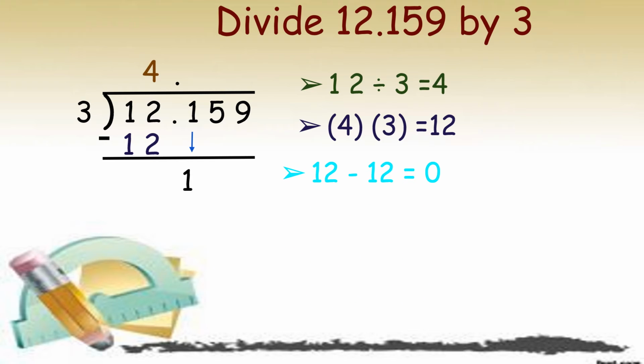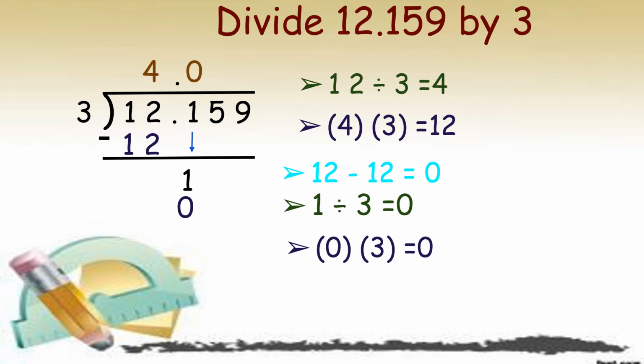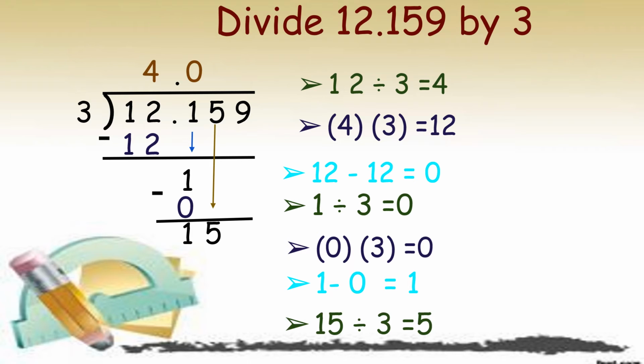Then bring down 1. 1 divided by 3 cannot be done, so we'll put 0. 0 times 3 is 0. Then subtraction again. We'll have 1 minus 0 is 1. Then bring down the other number. 15 divided by 3 is 5. 5 times 3 is 15.